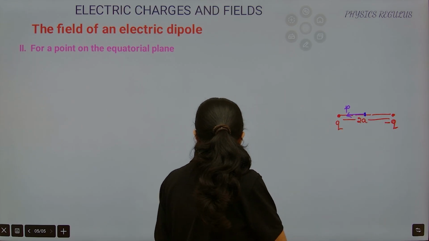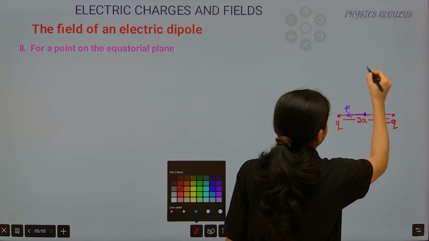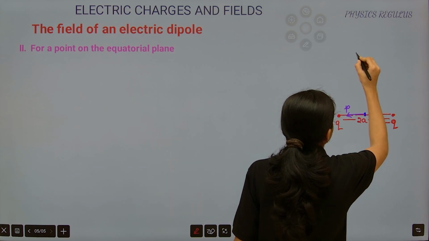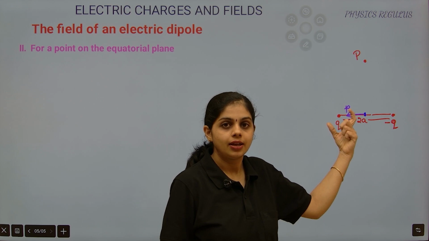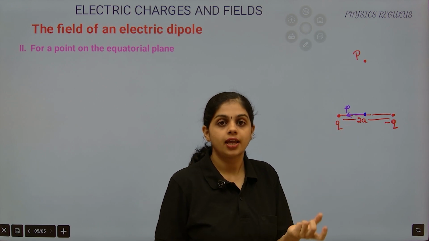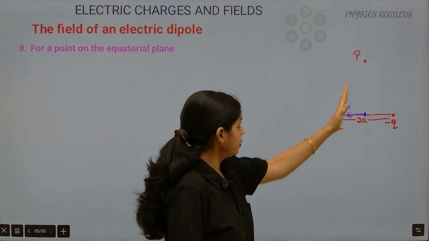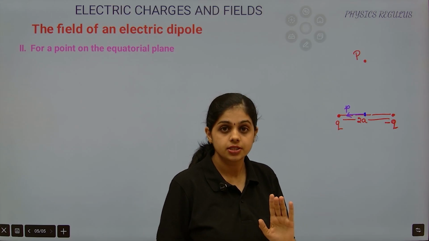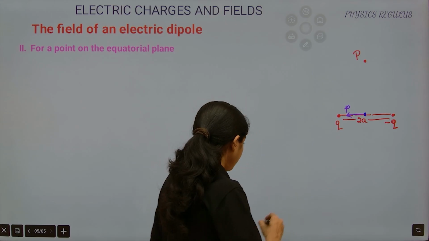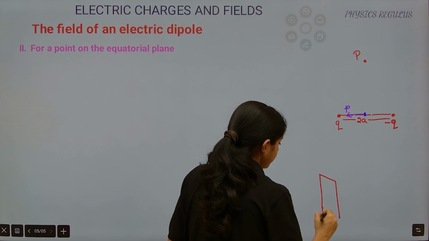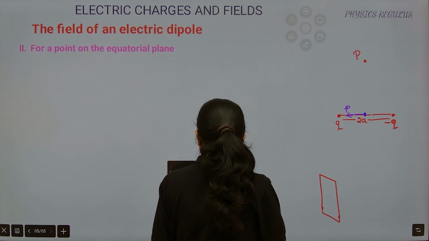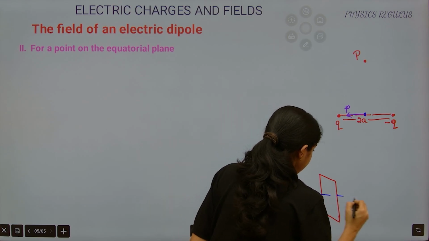Now point P is on the equatorial plane of the dipole. It is better to say equatorial plane because the point P is not restricted to only one line. If you imagine a plane, this is the dipole axis.